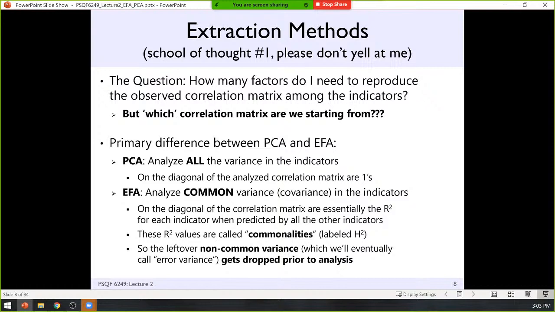So what goes on the diagonal where the variance would be is the variance that's in common with the other indicators. How much of the common variance that we have. And the term for that is a communality. It's labeled as h squared. Sometimes you'll see it as r squared and other times. So the big difference here is that any of the variance that's idiosyncratic to a given response variable is dropped ahead of time in EFA, but it's kept in PCA.